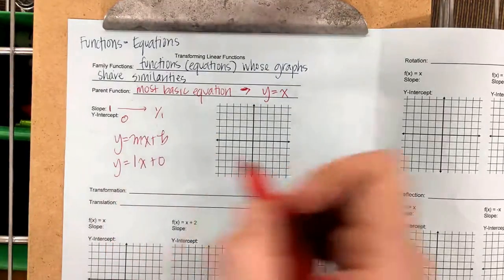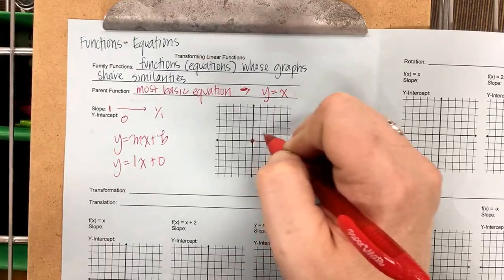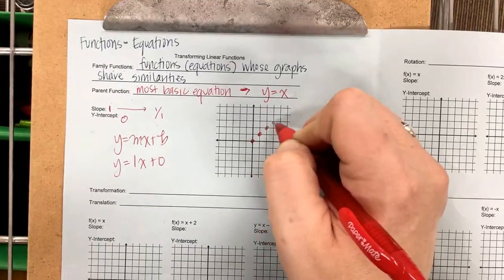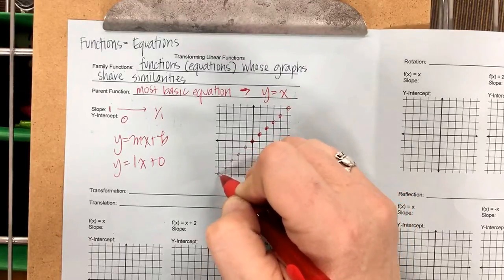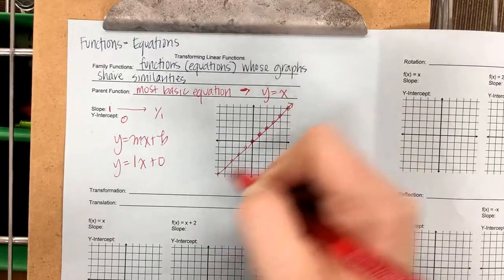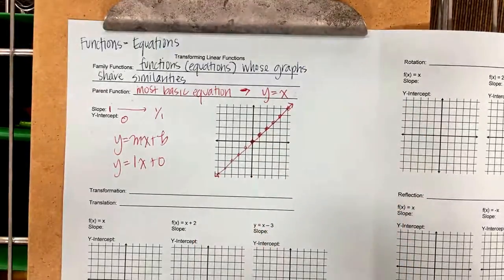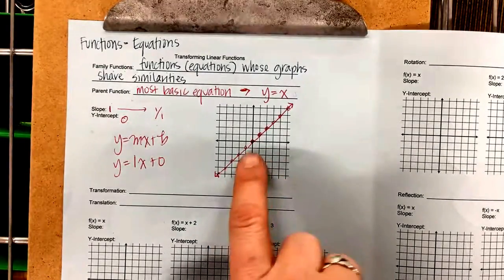So if I graphed this parent function, it starts at the intercept and goes up 1 over 1. It's positive. This is the parent function. It's the most basic linear equation. Everything we talk about today, we're going to base it off of this. This is the original.